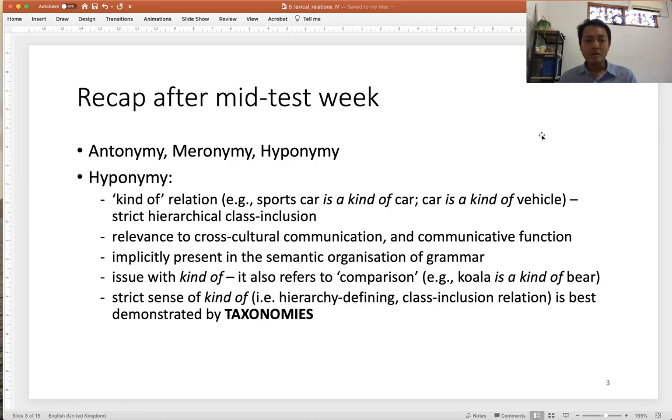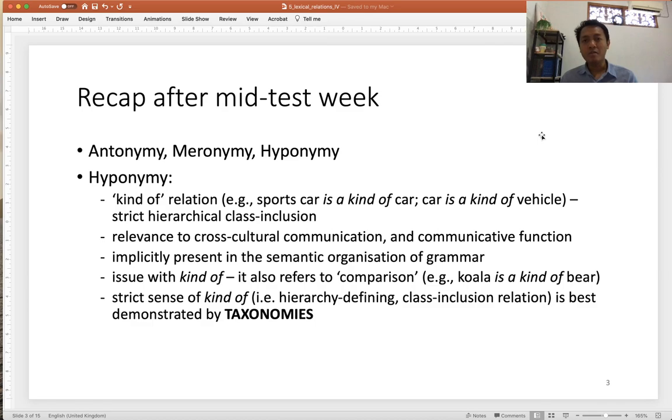And lastly, we also discuss issues in defining hyponymy more precisely, especially because kind of can be used in two different senses. In the strict sense, it covers the hyponymic proper definition, namely hierarchy, but in a looser sense, it refers to comparison for explanatory purpose.